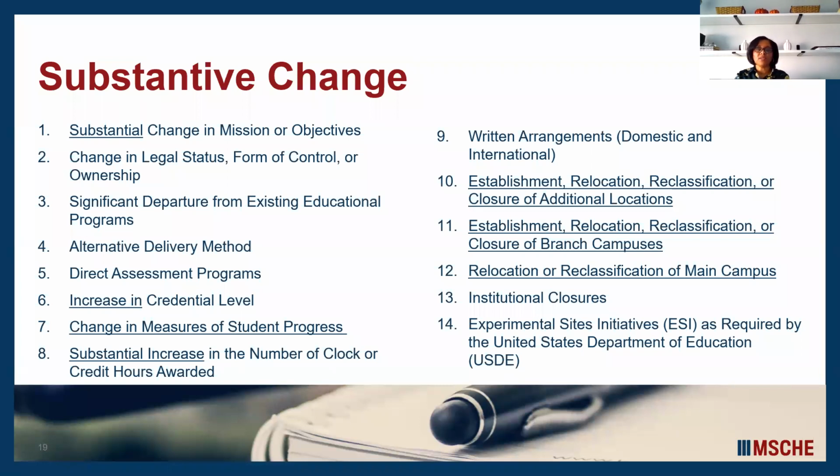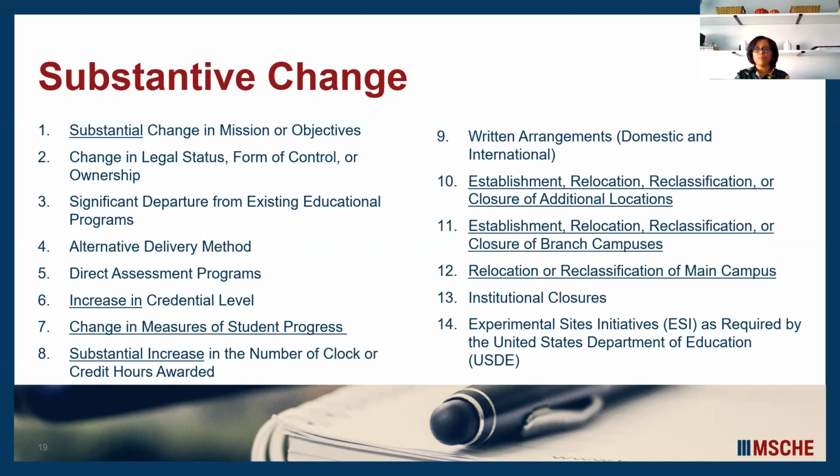But number five is direct assessment programs. Institutions must submit a request for each of these that are considered a direct assessment program. Number six, increase in credential level, formerly known as different credential level.